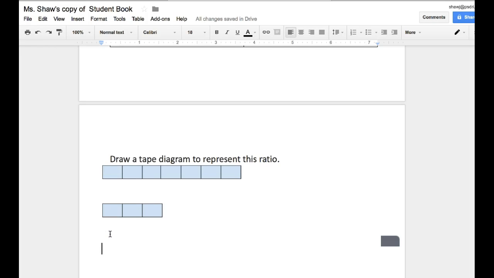The first one we worked with was the original 7 to 3. And then we came up with 14 to 6. And finally, 21 to 9. What do all 3 of these ratios have in common?